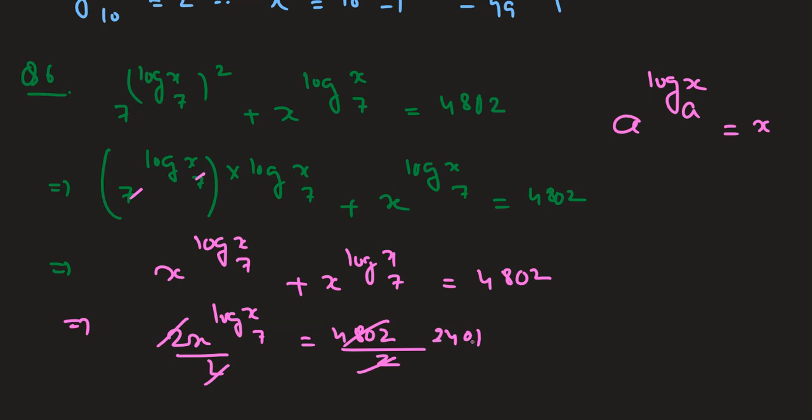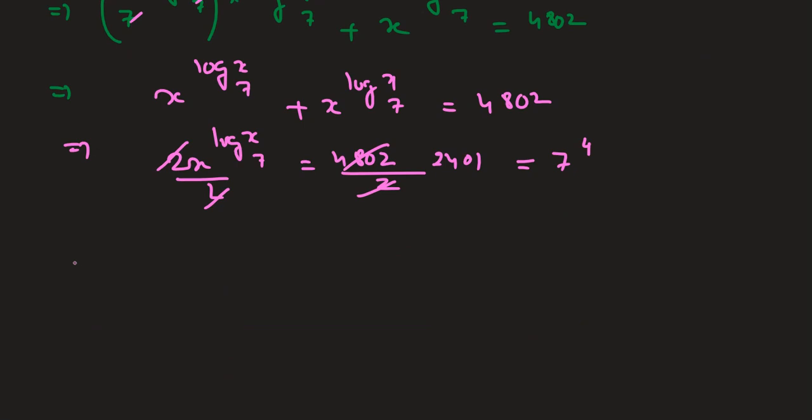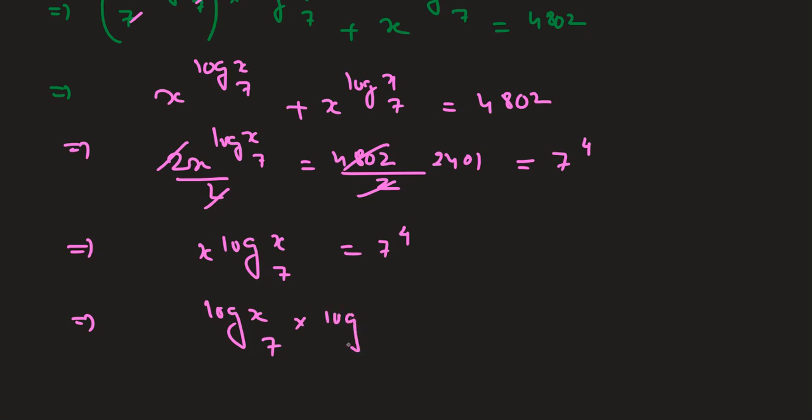Now, 2401 is nothing but 7 to the power 4. So what we have is x to the power log x base 7 is equal to 7 to the power 4. Now taking log on both sides, it is log of x base 7 into log of x base 7.